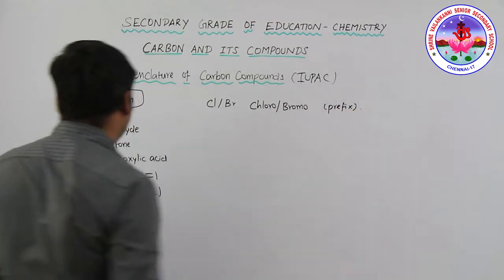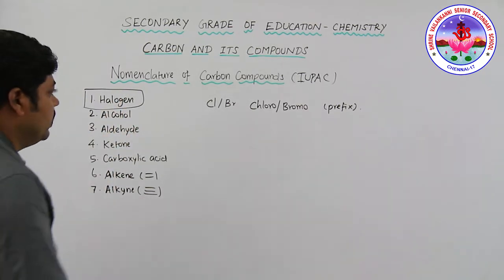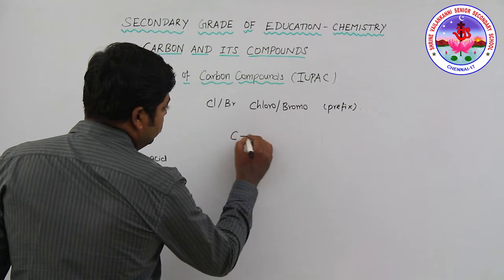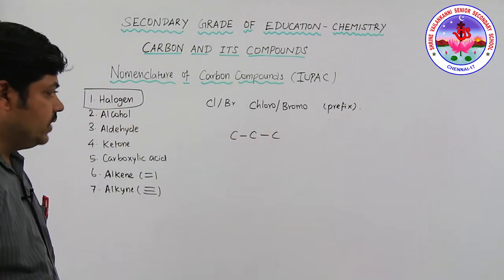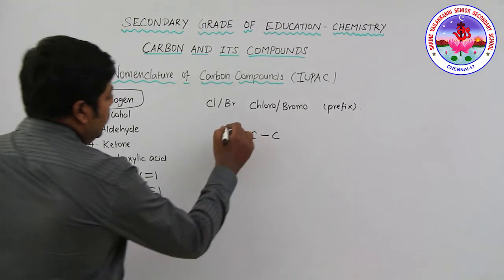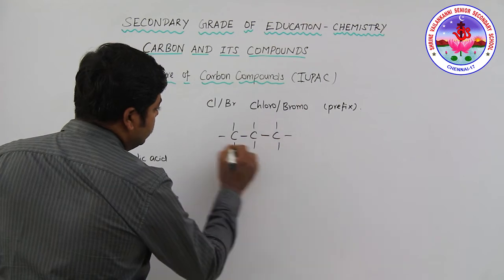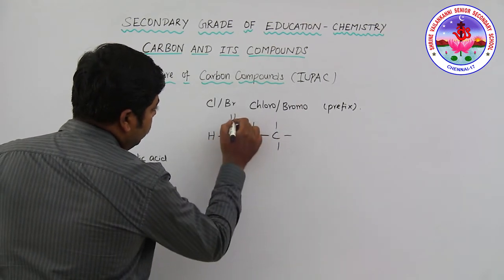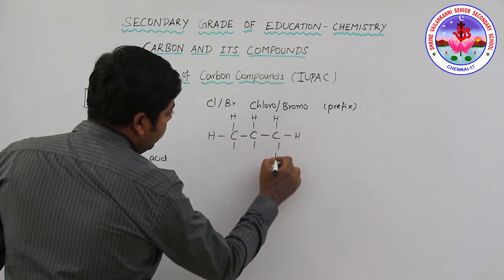For example, for a halogen as the functional group in a carbon chain, suppose 3 carbon atoms are present. In the alkane, this is propane.